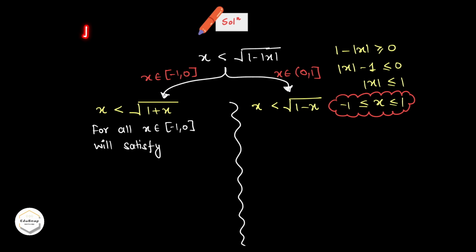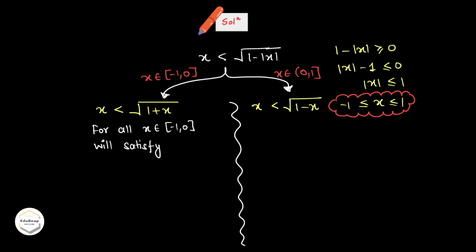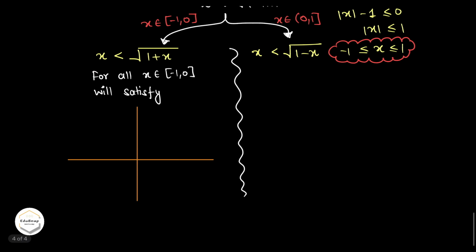If you recall the graph of root x, it looks like this, is it or not? Yes. Use this idea and we will plot this curve. Similarly, we know the graph of this one, that is y equal to x. Let's quickly plot them one by one. So we will plot 0 and -1, because we are just looking between 0 and -1.